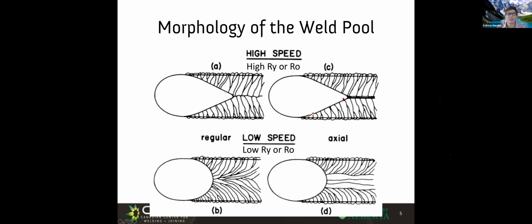I think because the kinetics of solidification get affected. And in this case, what we see is that the dendrites, the solidification structure, grow pretty much perpendicular to the axis of the weld.